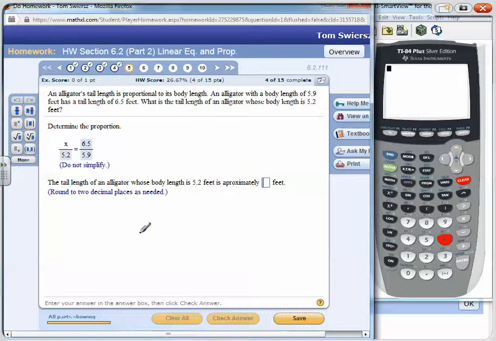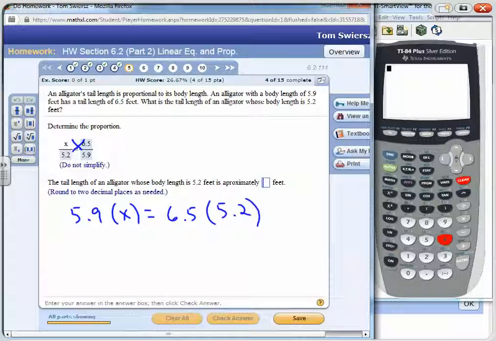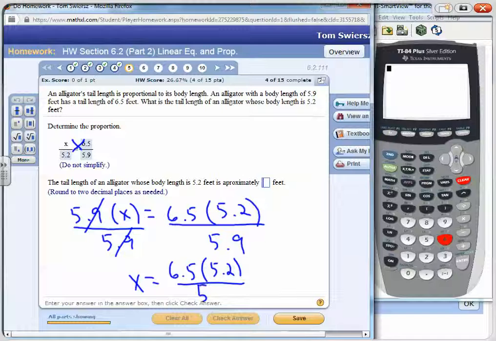One cross product is going to be 5.9 times x equals the other cross product, 6.5 times 5.2. So we'll multiply those, and then we'd have to divide by 5.9. That way the 5.9 is reduced to 1, and x will equal 6.5 times 5.2 divided by 5.9.